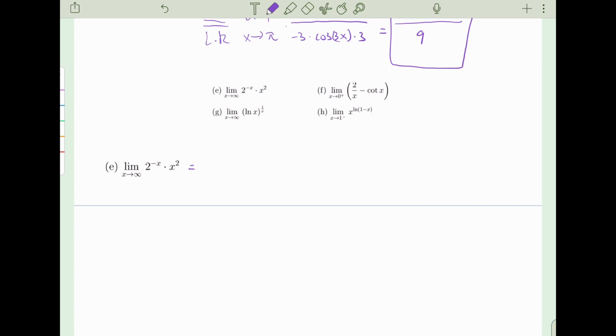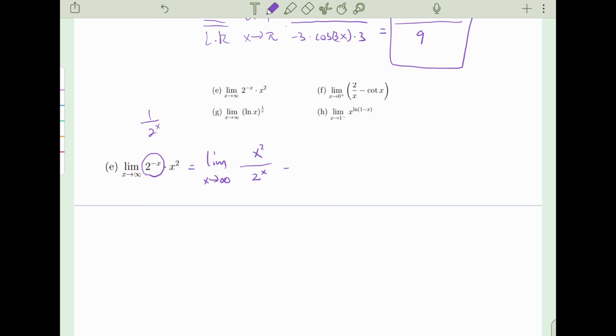We need a fraction type. So that is limit x goes to infinity of x squared divided by 2 to the x, right? Because this thing is written as 1 over 2 to the x over x squared now. Now it's of the fraction type.